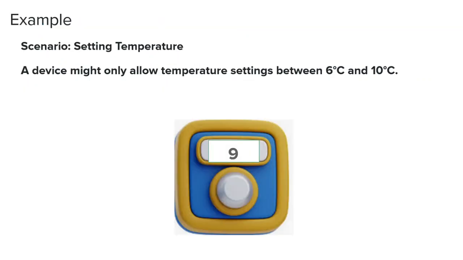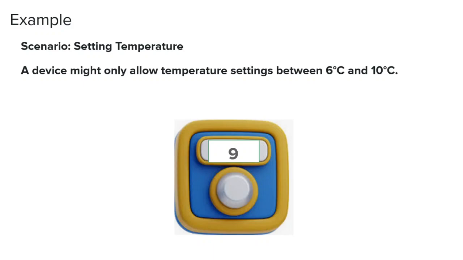Now let's take one real-time example about setting a temperature in a thermostat device. Let's take one device in which we can set the temperature, but that device allows the temperature setting only between 6 degrees and 10 degrees Celsius. Now this is the condition.